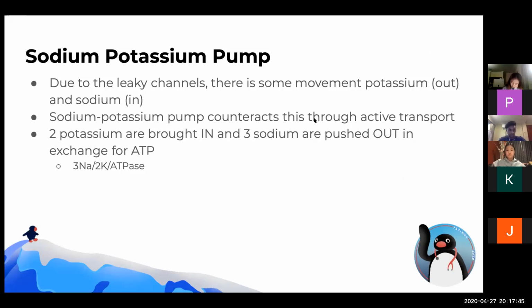So, as our potassium moves out and our sodium moves in, our 3Na2K ATPase pump will try to counteract some of this. It's essentially going to be swapping 2 potassiums for 3 sodiums, and ATP will be required for this because we're going against the natural order of things.